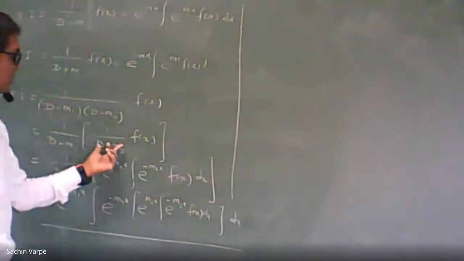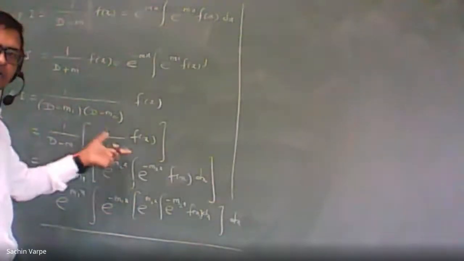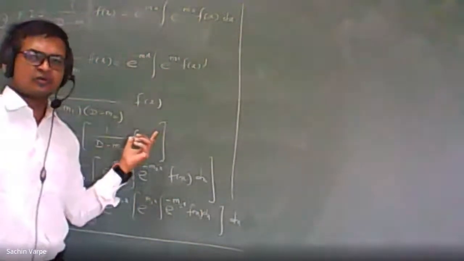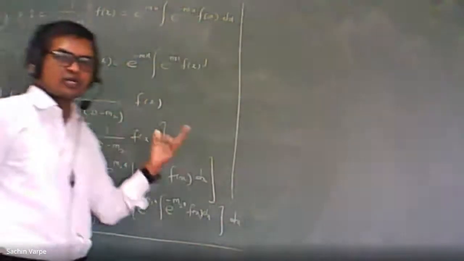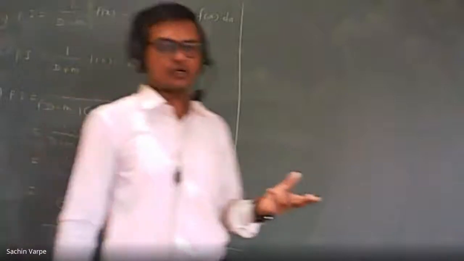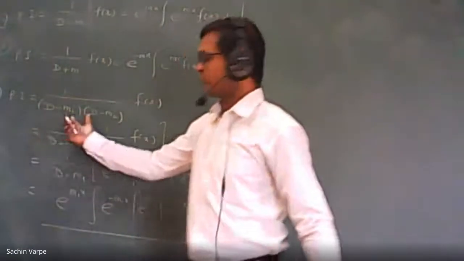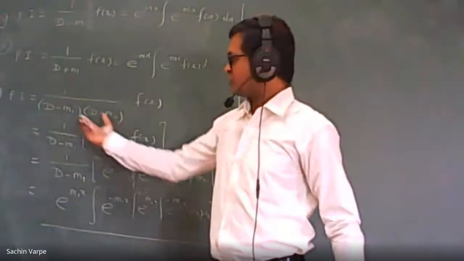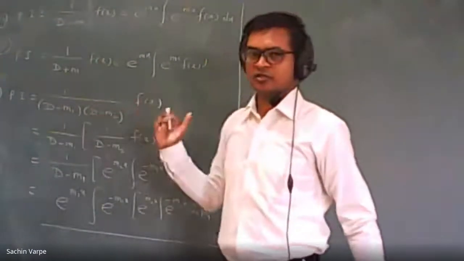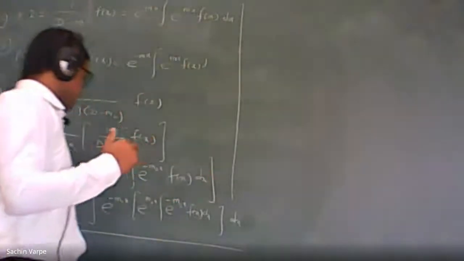Here I have operated 1 upon d minus m2. You can operate 1 upon d minus m1 also. It is not necessary, because these operators are in multiplication, and we know our multiplication is commutative, right? So I can operate this operator according to my convenience. So it will be our choice to select those operators while operating.